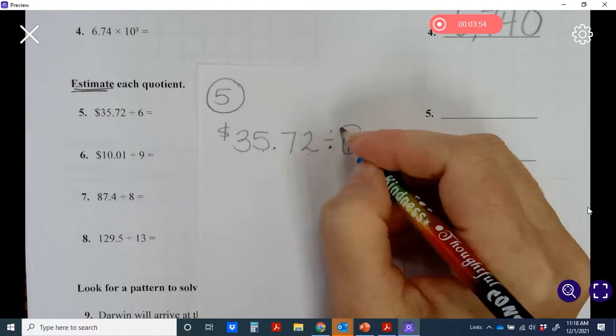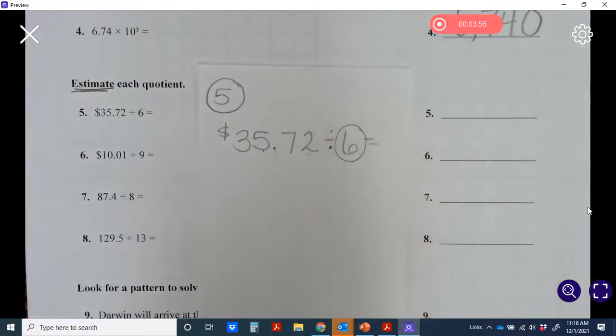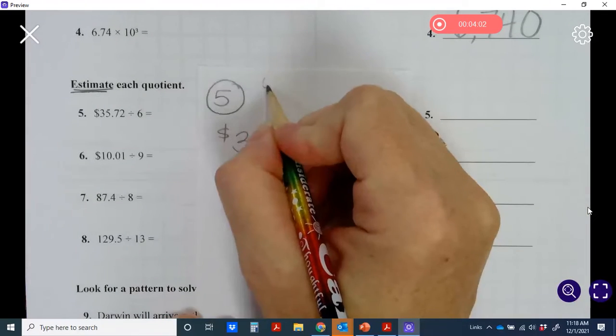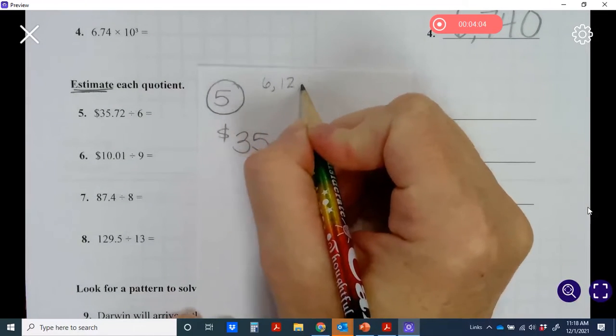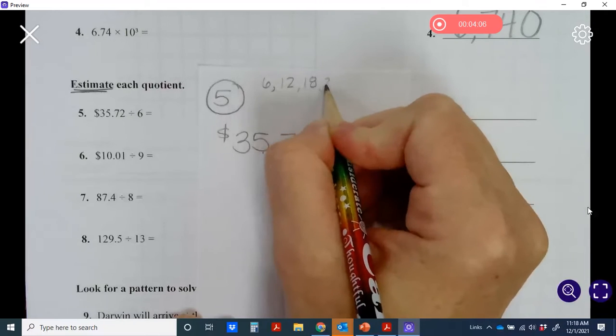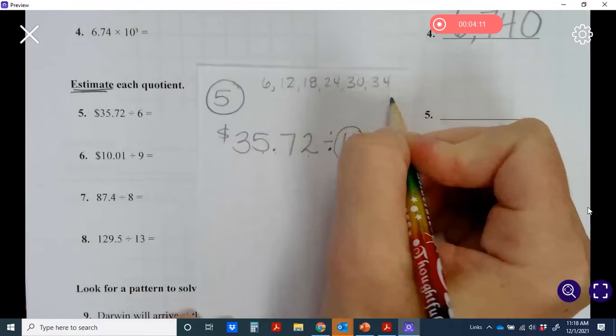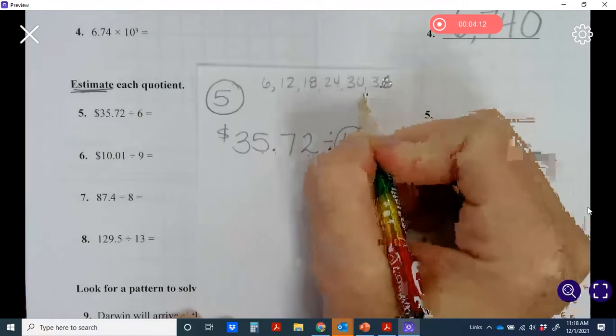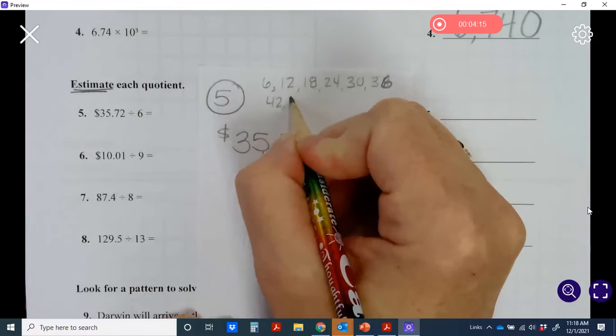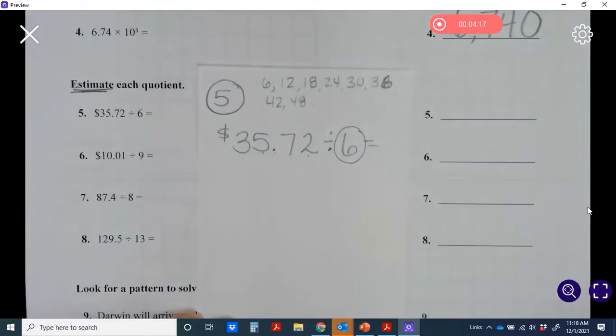So I have the number 6 here, so we want to think about multiples of 6, okay? So I have 6, 12, 18, 24, 30, 36, and 42, 48, and going on, all right?